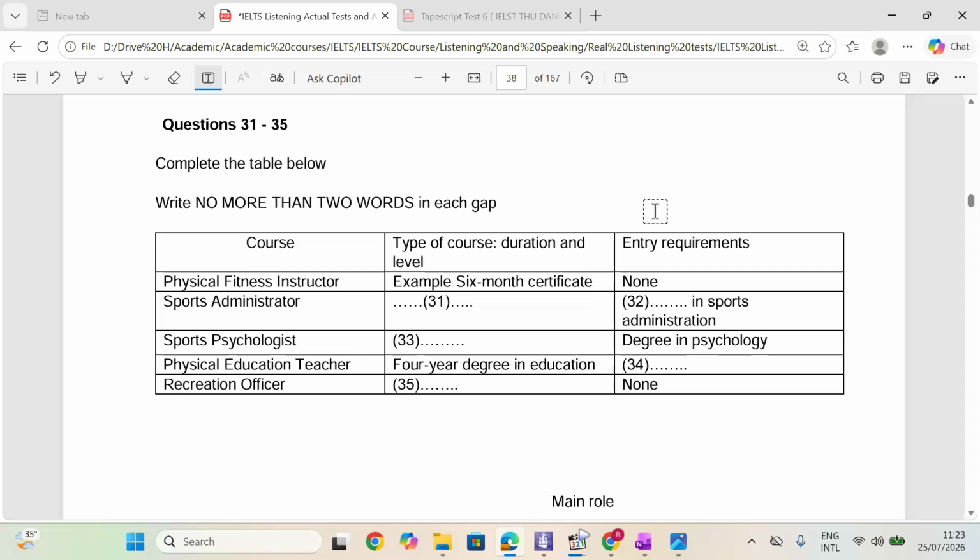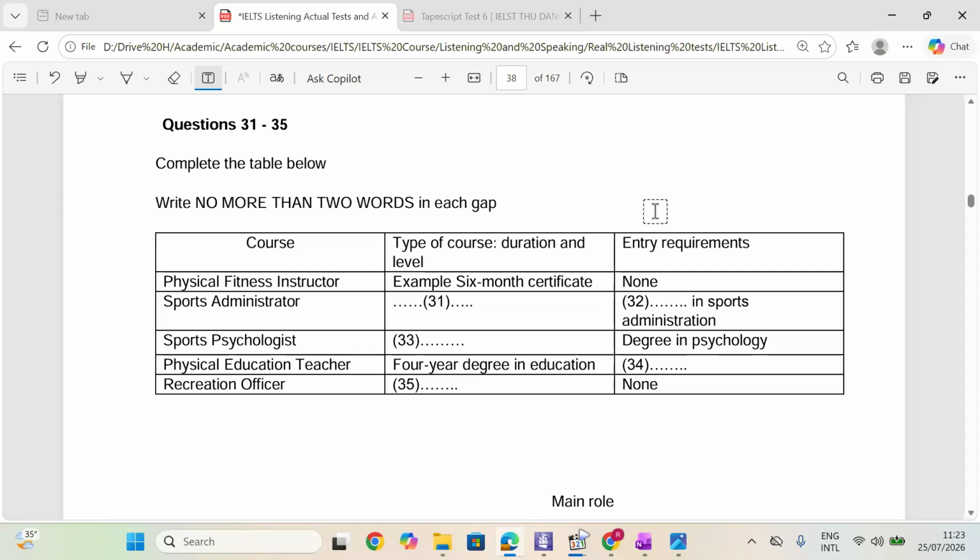So, firstly, the Physical Fitness Instructors course is offered as a 6-month certificate course, which includes an important component of personal fitness, but there are no specific entry requirements. For sports administrators, we provide a 4-month certificate course, but you should be aware that this is designed for those who are in employment.